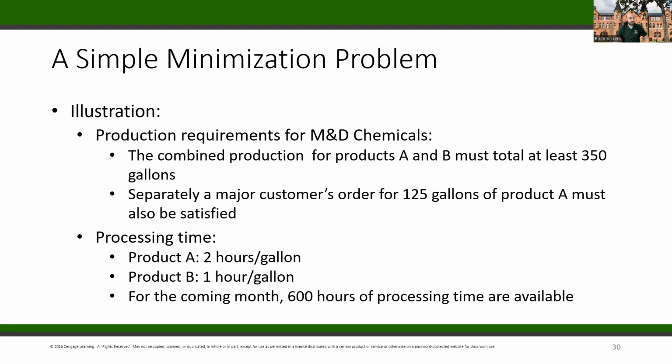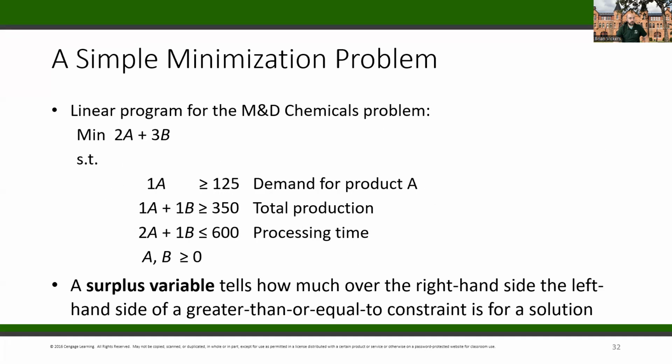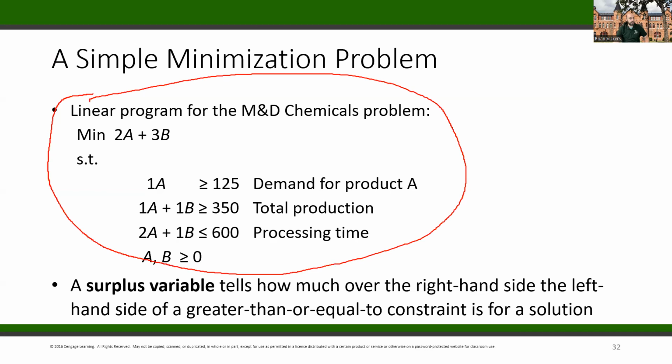And they have to provide a certain amount of products A and B to a customer. How many gallons of A, how many gallons of B? Those are decisions, but we have to give them at least so many gallons of A, so many gallons of B, or something to that effect. So we'll work on that, but this is how the setup ends up looking when you formulate it.